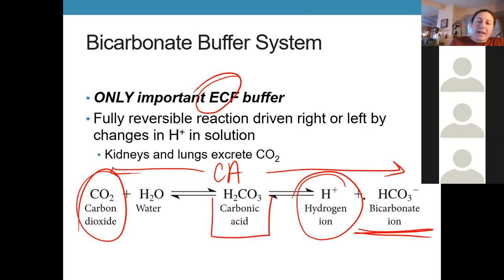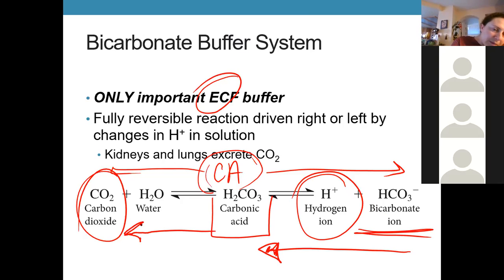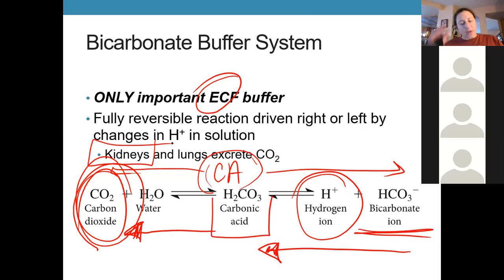Bicarbonate ion can bind a hydrogen ion and make carbonic acid. And then the carbonic anhydrase can convert that carbonic acid into carbon dioxide, and we can breathe it out, or it can actually be excreted in our kidneys. So in both our plasma and our interstitial fluids, the bicarbonate system is the major system that maintains our pH, keeping it at an average of 7.4.